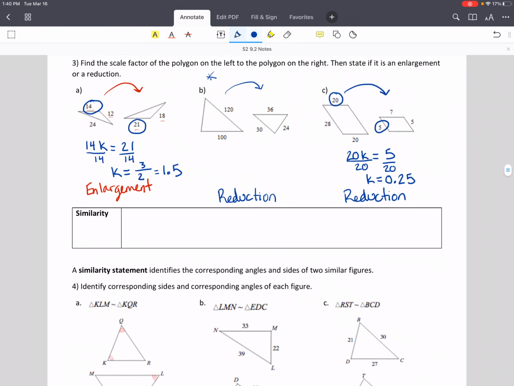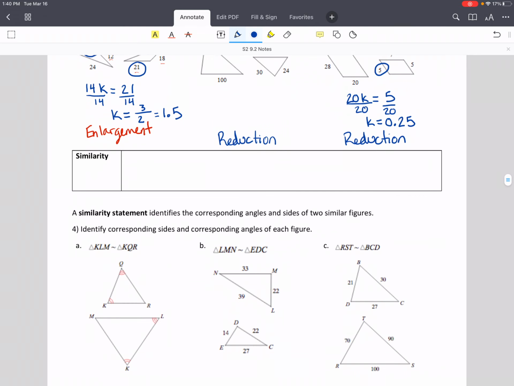So all this idea of dilation and scale factors is pretty much the idea of similarity. For two figures to be similar, it just means a dilation has occurred. We're going to change the color because it's fun.